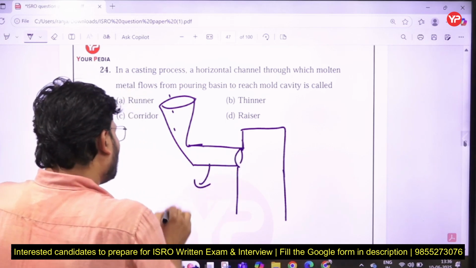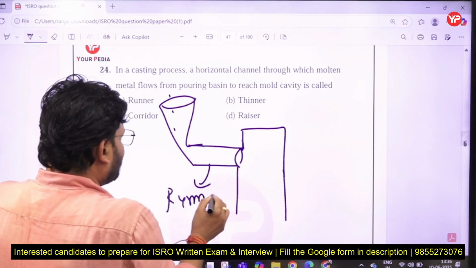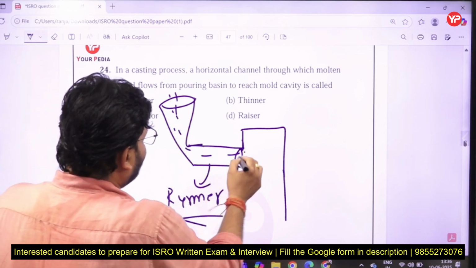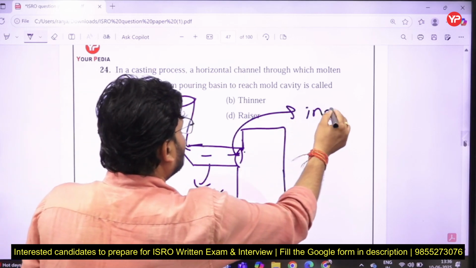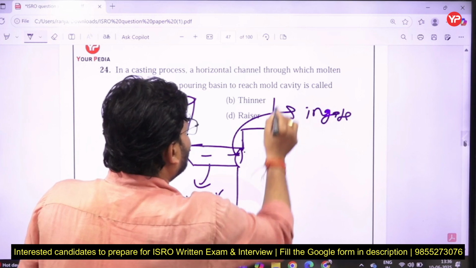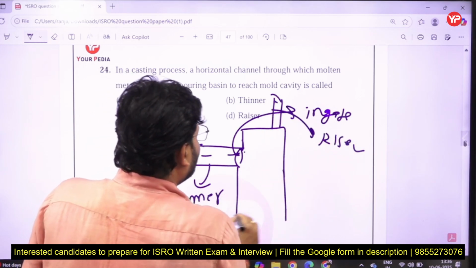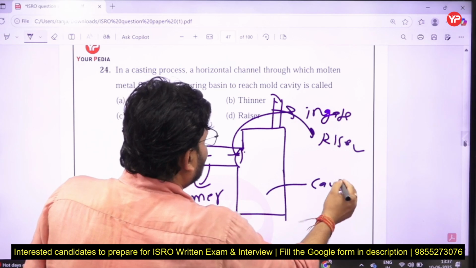So what is this called? This is called the runner. Here you pour the molten metal, and this is the ingot, and there could be the riser, and this is your cavity.